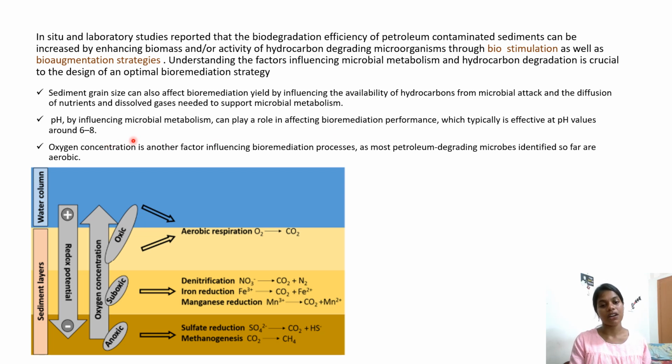Then oxygen concentration is another factor influencing the bioremediation process, as most of the petroleum-degrading microbes identified so far are aerobic. There are two types of bioremediation: bioremediation can happen in aerobic and anaerobic conditions, but most petroleum-degrading microbes are aerobic.